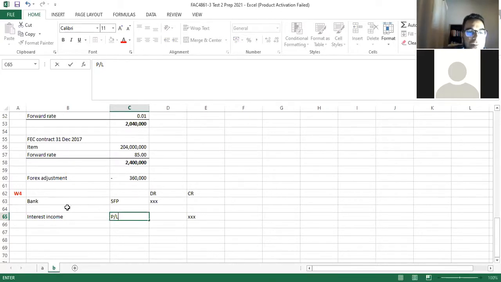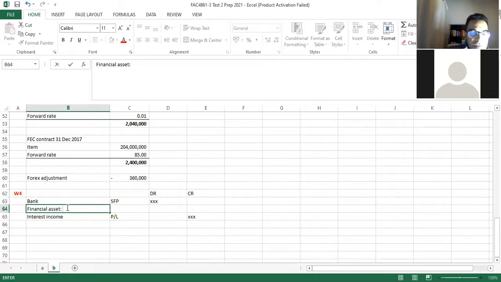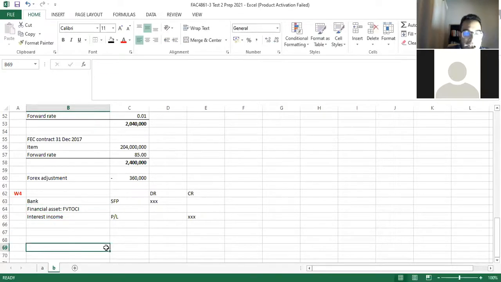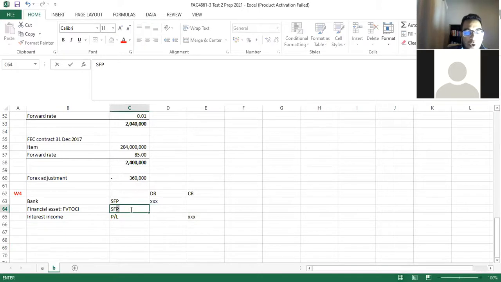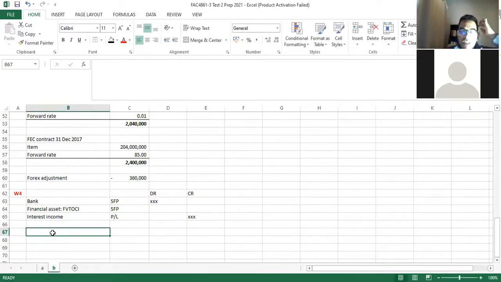The balancing figure will go against financial asset. This financial asset is mandatorily classified at fair value through OCI. Okay, so fair value through OCI. That's the first part of the transaction. So this could either be a debit or a credit, depending what will balance the equation, what will balance the journal.